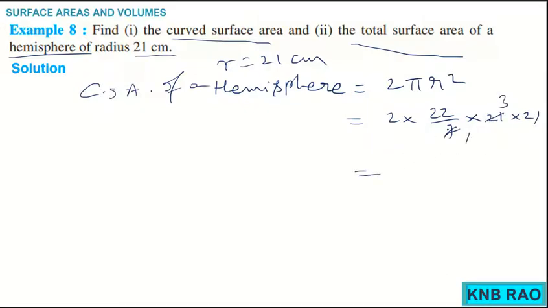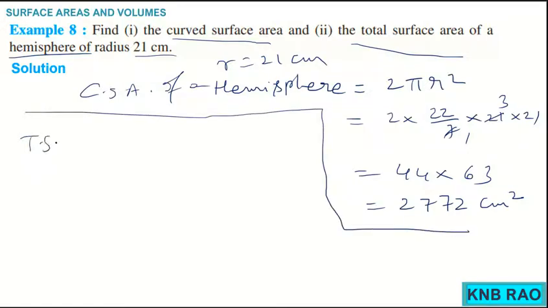So we have 2 into 22 is 44, 3 into 21 is 63. So 44 into 63 is 2772 centimeter square. So, children, similarly we will find out the total surface area.